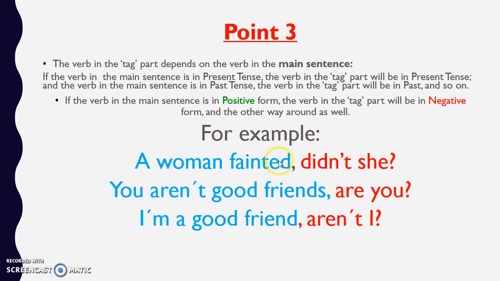For example, here, if you have fainted in the simple past, you are going to use the auxiliary verb of the simple past. That, in this case, is going to be didn't. How do I know that I am going to use didn't? Well, because here I have the past simple of the verb fainted. So that is the reason that I choose didn't she.